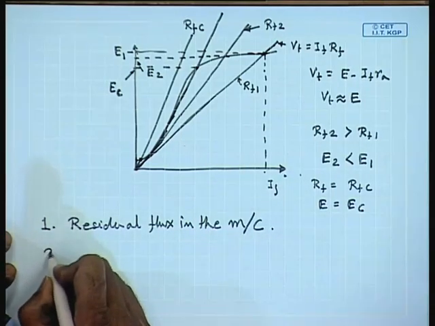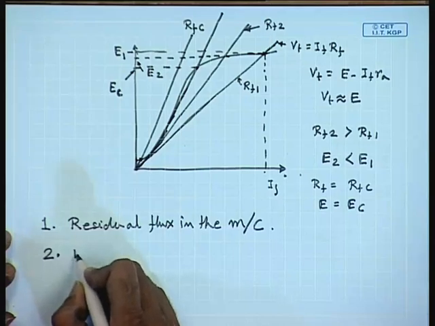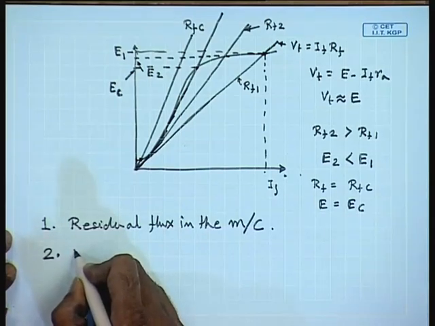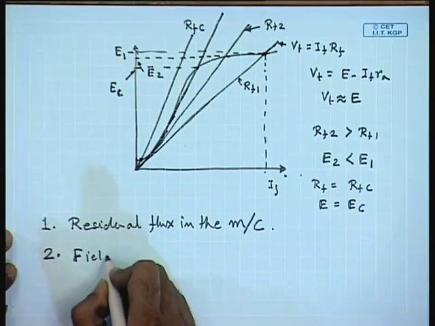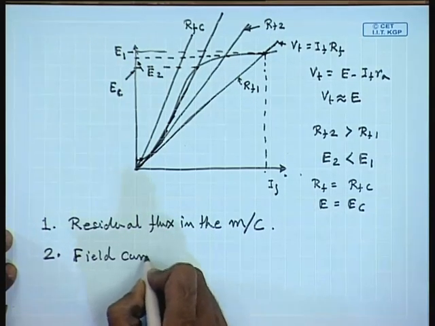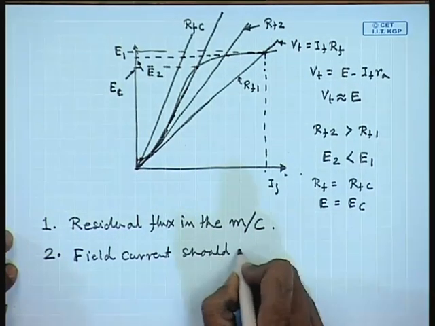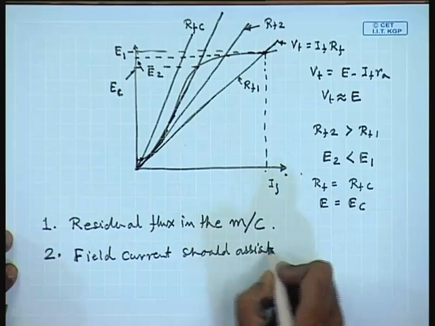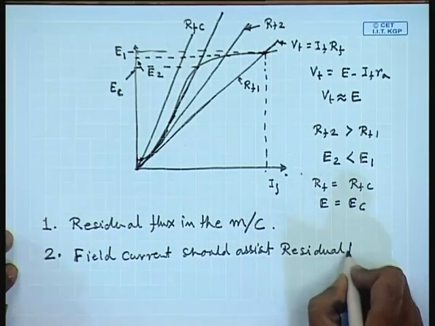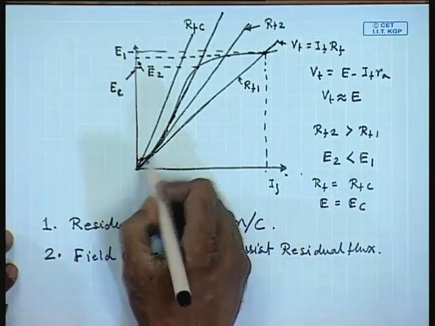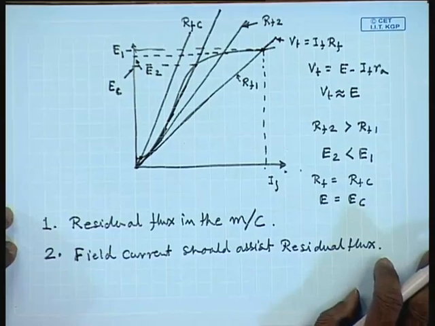Second, residual field coil connection should be such that field current assists residual flux, so that as the field circuit is connected, the flux keeps on increasing.